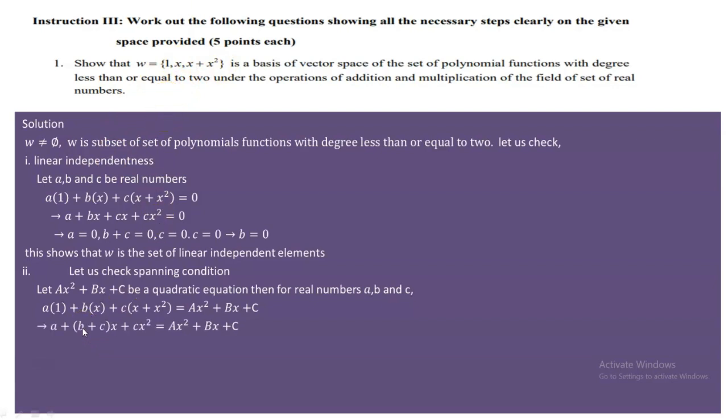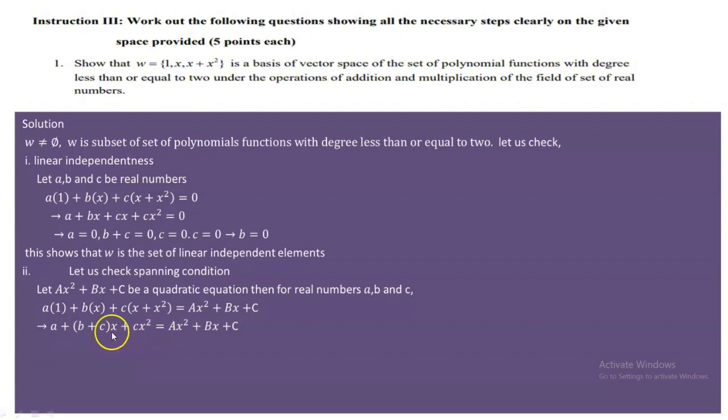After simplification, we can have c x squared plus (b plus c)x plus a equal to Ax squared plus Bx plus C, because as you see we can have bx plus cx, so you may take b plus c as a common one, and then x is taken out, so we are having now this.